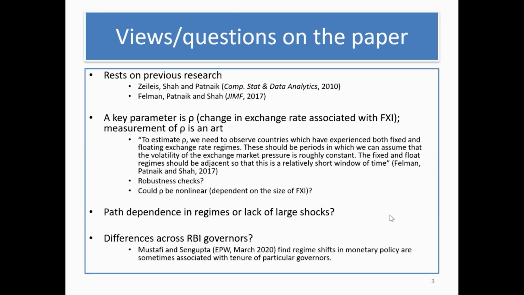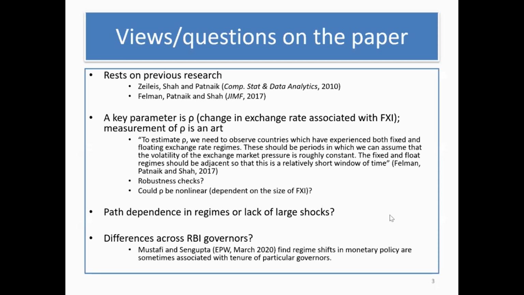So from Feldman, Patnaik, and Shah, you see that to estimate rho, you need to have countries that have had both regimes. You have to make assumptions about the volatility of the exchange market pressure being similar across those 2 periods, and the fixed and the floating regimes have to be adjacent.